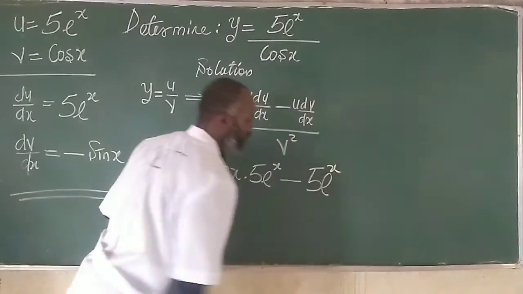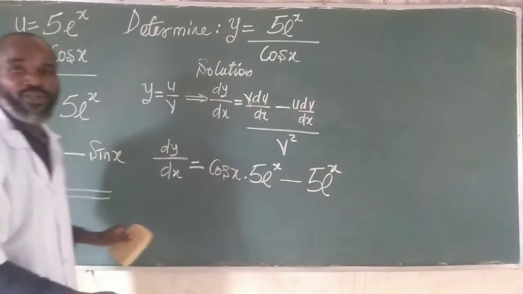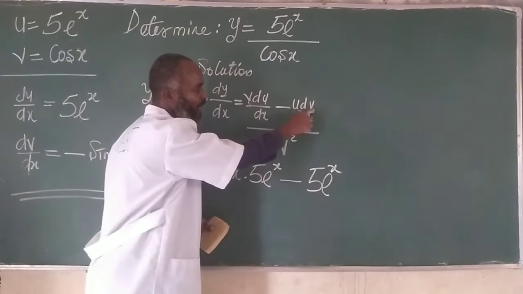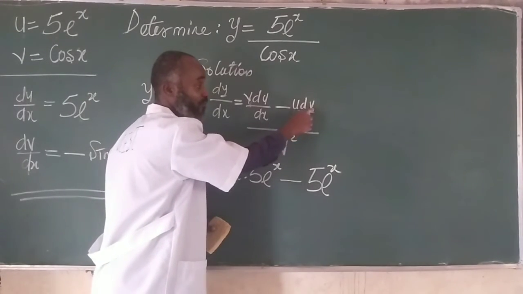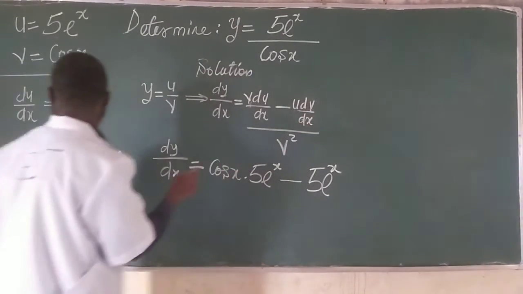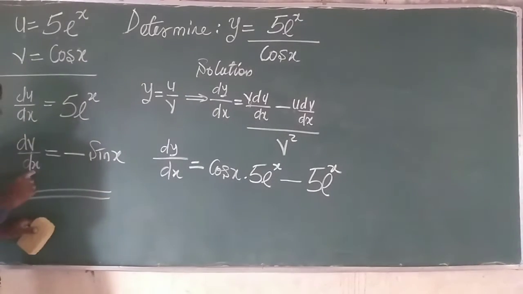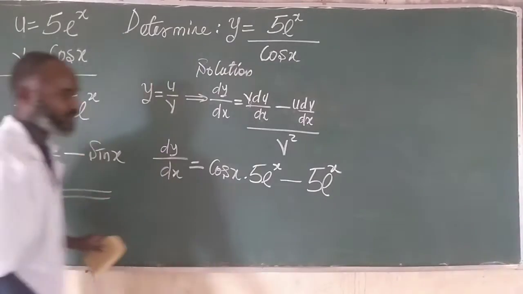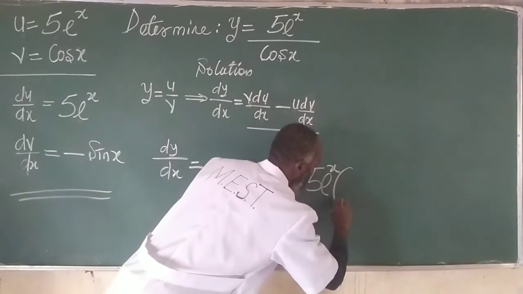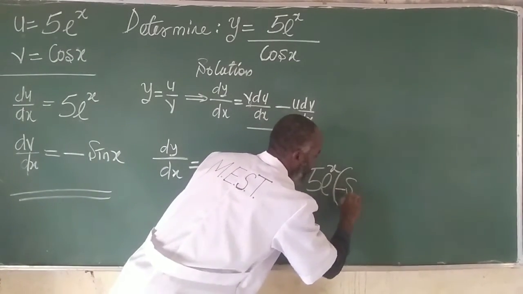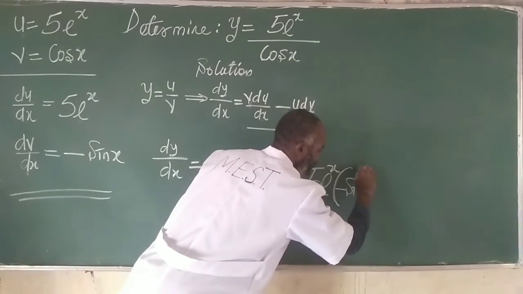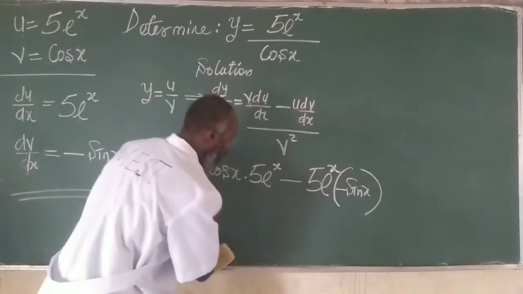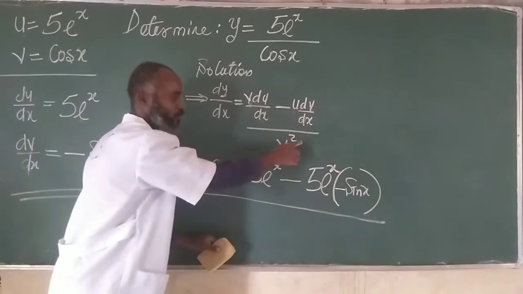Finally, we substitute for dv and dx. dv/dx is minus sine x. Here we put in parentheses minus sine x, all over v squared.